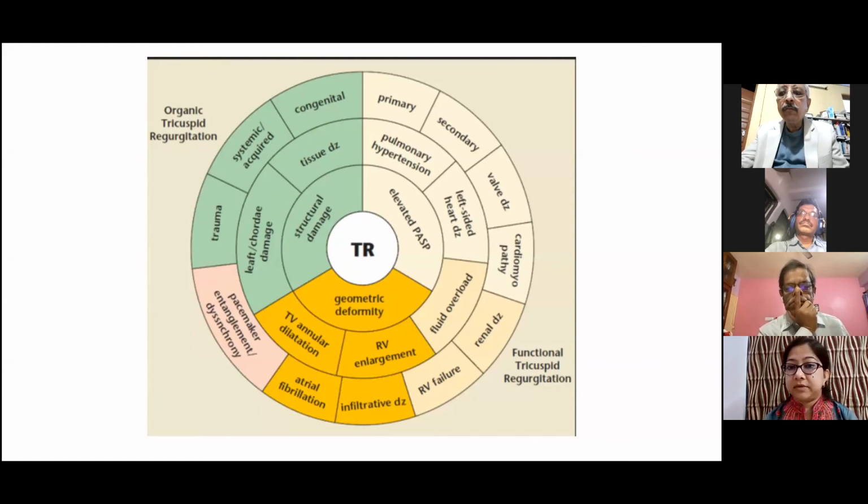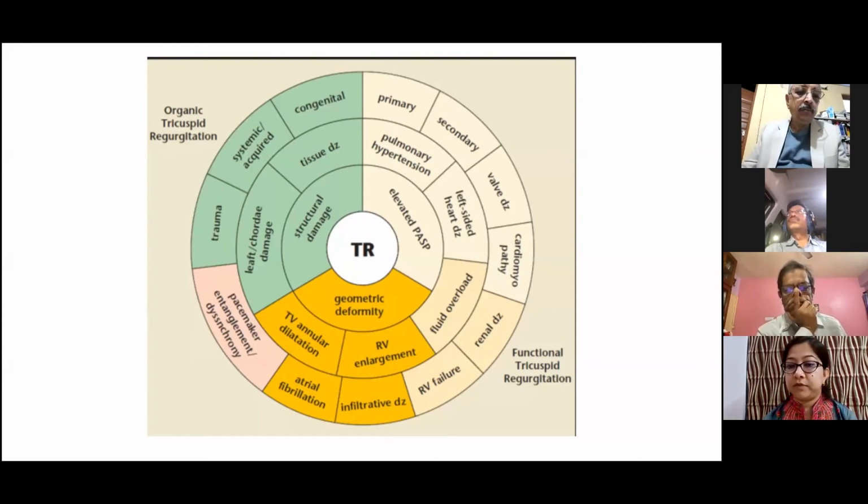So TR as a result of elevated PASP occurs due to pulmonary hypertension, left-sided heart disease, which may be primary or secondary, valvular diseases and cardiomyopathies. Tricuspid regurgitation can also occur as a result of fluid overload, RV failure, and renal diseases.